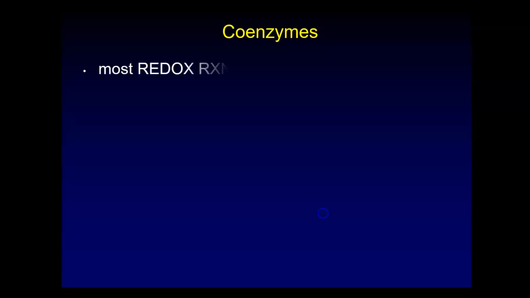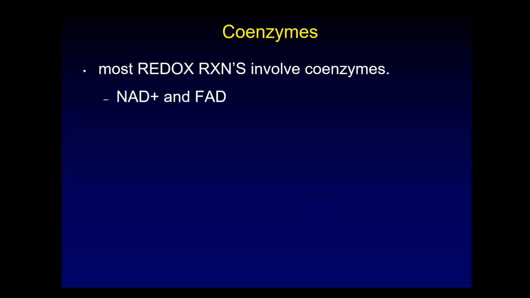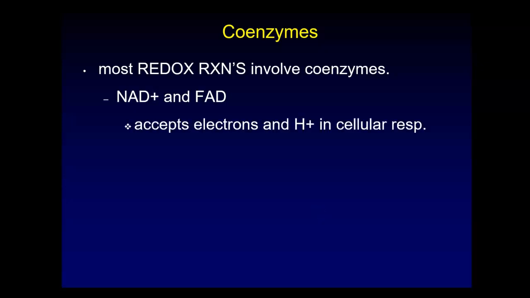Most redox reactions involve the coenzymes nicotinamide adenine dinucleotide and flavin adenine dinucleotide, so NAD+ and FAD. These are the nucleotide coenzymes that are going to be necessary for cellular respiration. And then nicotinamide adenine dinucleotide phosphate is going to be the coenzyme necessary for photosynthesis.